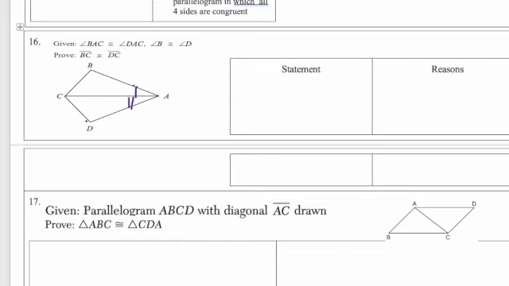And we're given angle B is congruent to angle D. Okay, and we know that CA is congruent to itself because of reflexive property. We need to prove that BC is congruent to DC. Okay, this one's not bad at all.